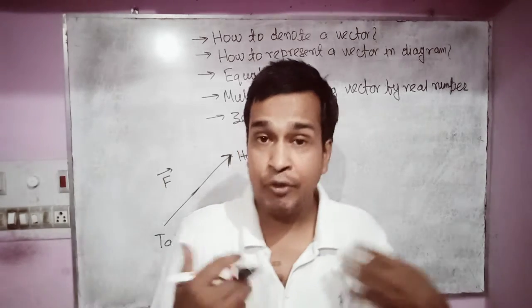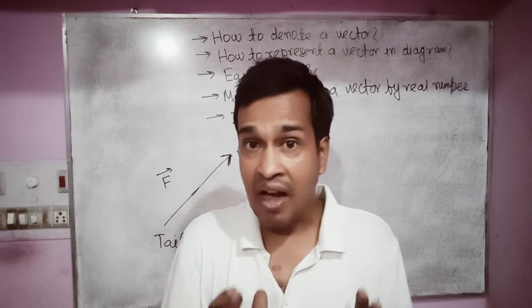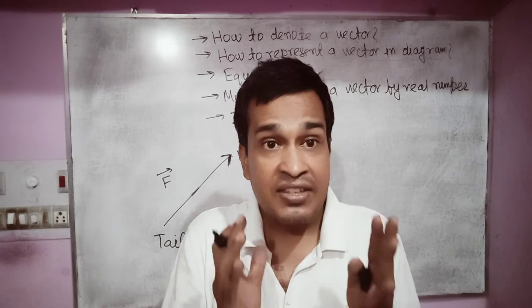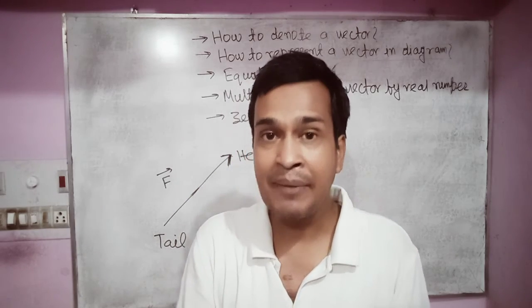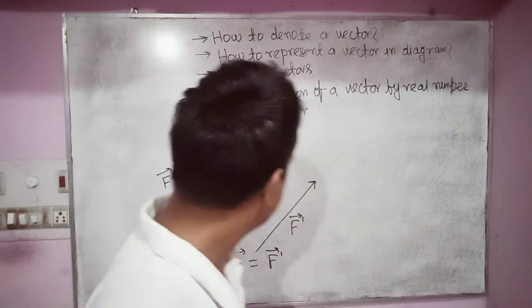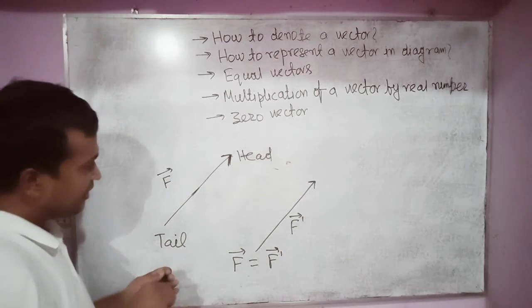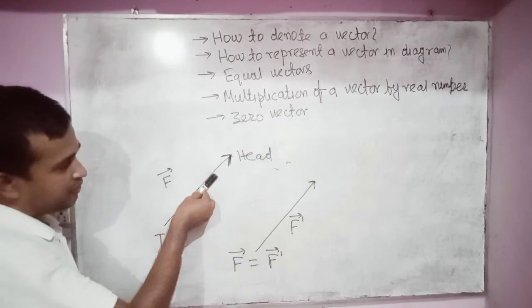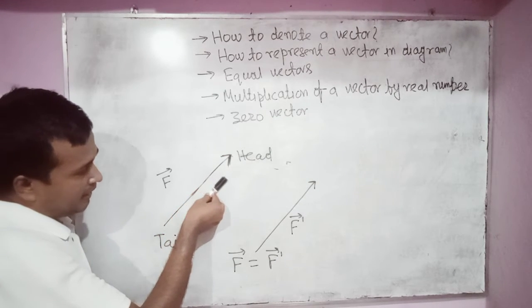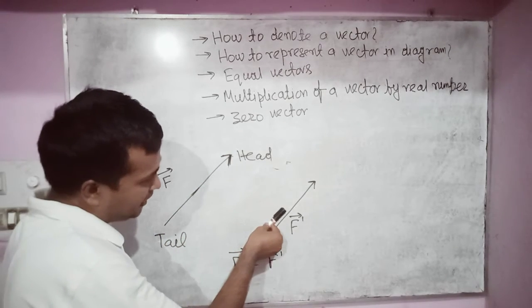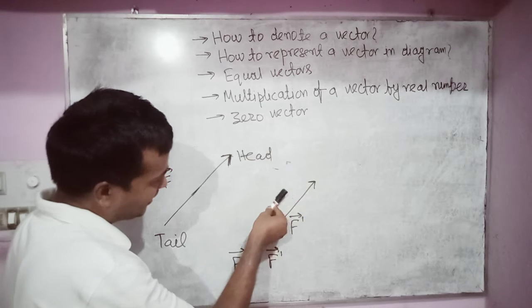So what are equal vectors? Equal vectors are vectors which have the same magnitude and the same direction. See, if we shift this vector F, then after some time it will coincide with this vector.